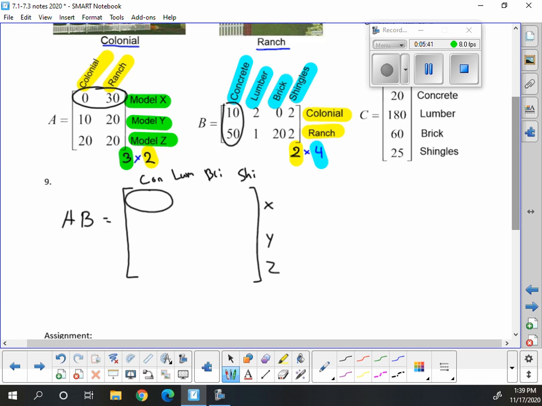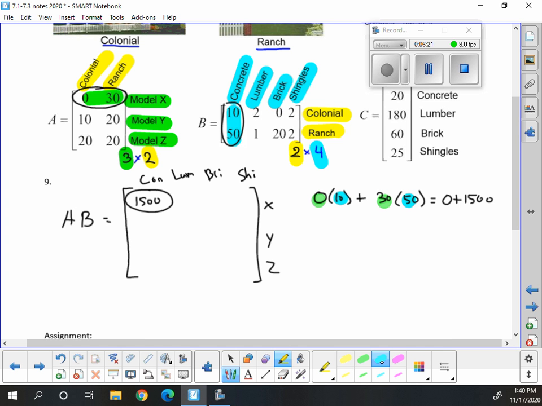So I'm going to multiply those together, 0 colonials that take 10 and 30 ranch that take 50. The 0 and the 30 here are each multiplied with the 10 and the 50 here, and then I find the sum by adding them together. That's 0 plus 1,500. So I'm going to need 1,500 units of concrete for all the Model X.